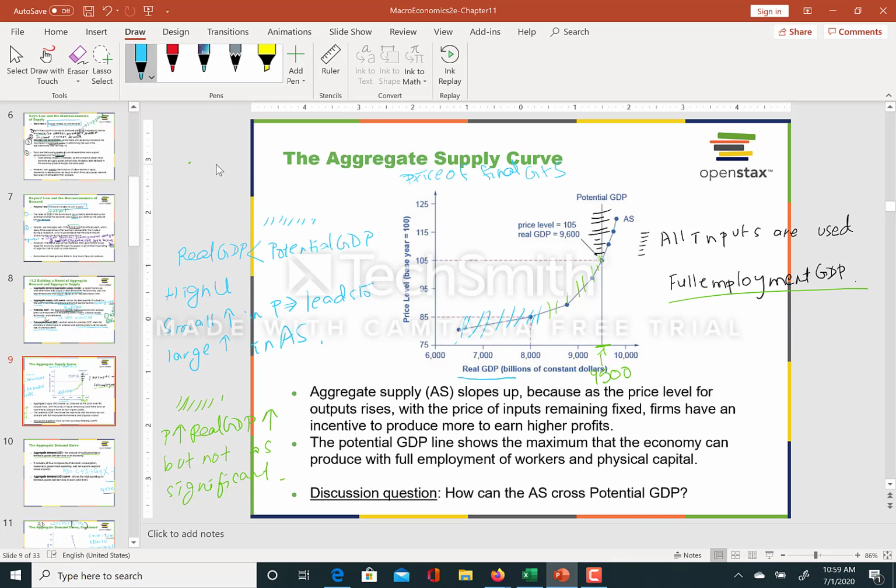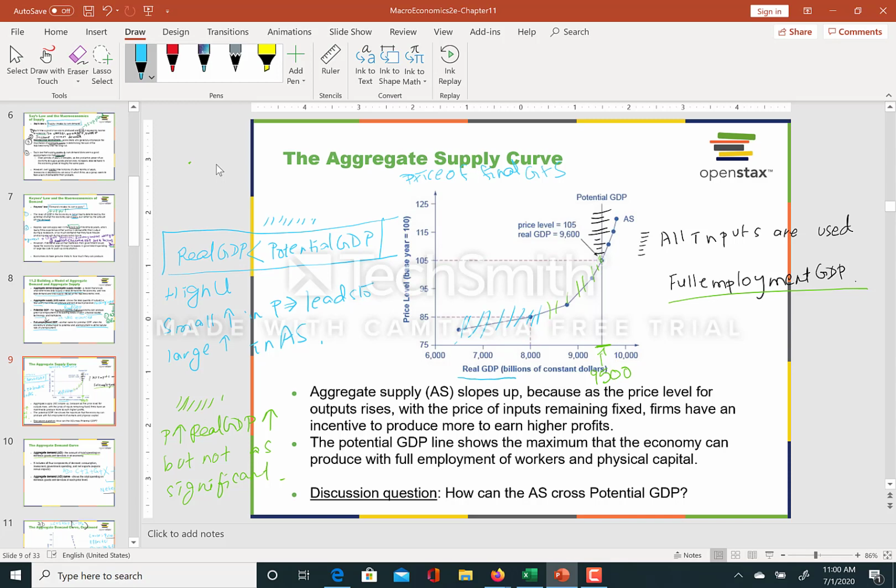The first part, the far left, I have shaded in blue, and the output is very low. When output is very low, unemployment is very high on the far left of the aggregate supply curve. The real gross domestic product at this part is less than potential gross domestic product.